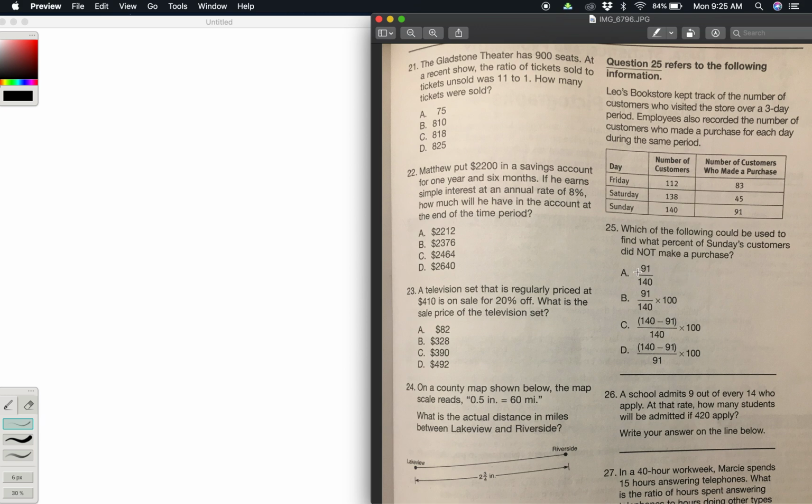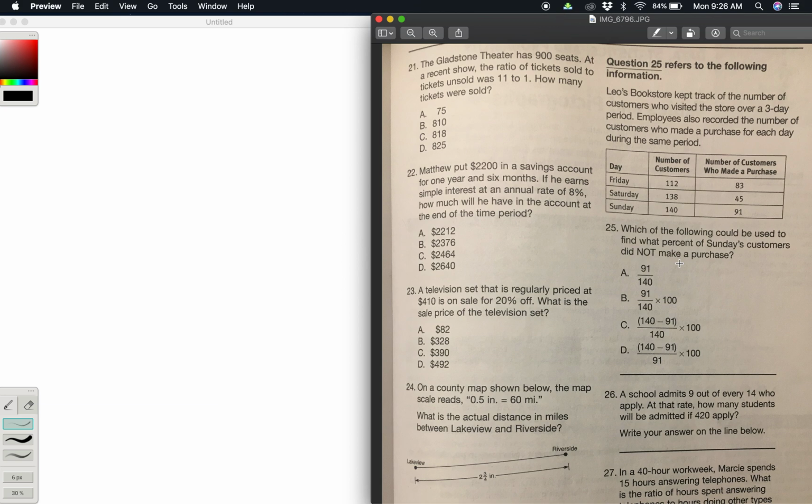Okay, so we have some information here: on Sunday, the number of customers is 140, and the number of customers who made a purchase is 91. So what are we trying to do? Which of the following could be used to find what percent of customers did not make a purchase?